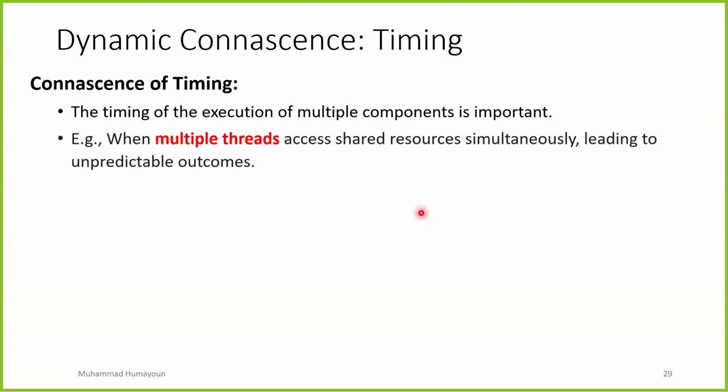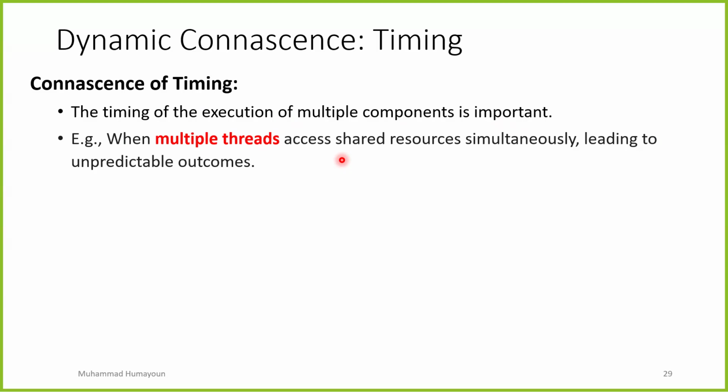A lot of things happen in real life in our computers in parallel using multiple threads. So the timing of execution of multiple components is important. One example could be when multiple threads access the same shared resource simultaneously, it can lead to unpredictable outcomes.